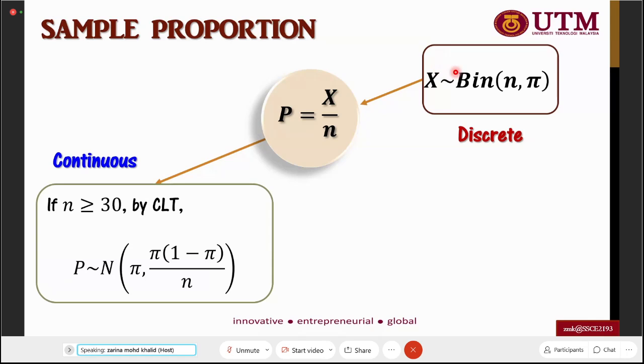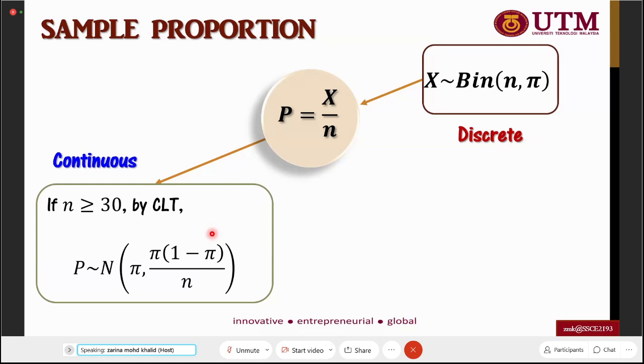Although X is discrete, X bar actually contains X1 plus X2 plus X3 plus X4 and so on until Xn. So you have many X's, so you don't have to worry about continuity correction. But here, P is actually a single X, which is really a discrete random variable. And then you approximate X over n, which is simply P, to normal, continuous.